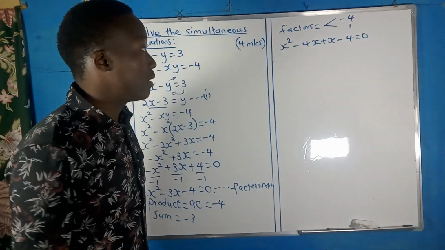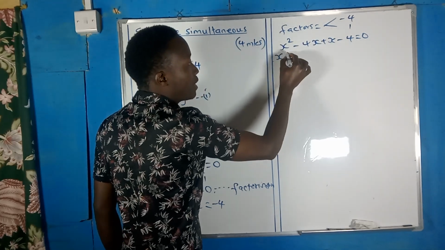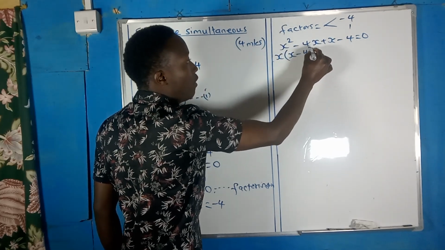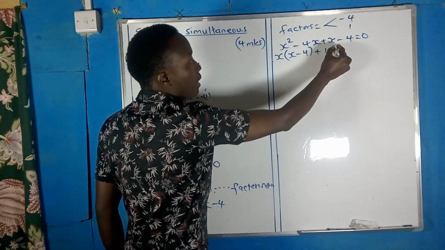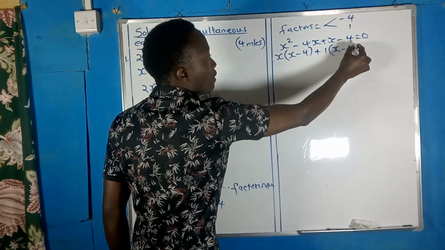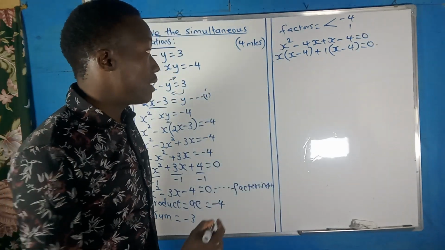So having that, we can now factorize 2 by 2, and we are going to have x into bracket x minus 4. Then the next one will be plus 1 into bracket x minus 4 is equal to 0.